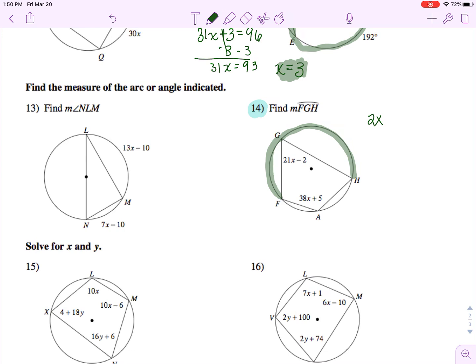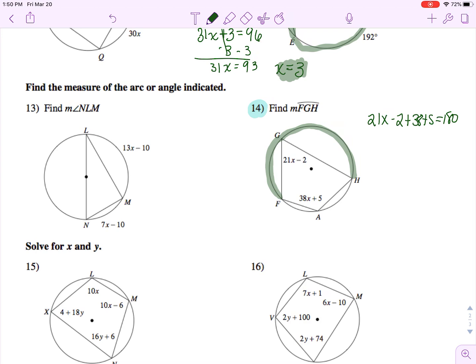Okay, they're supplementary. So let's go ahead and set up an equation. 21x minus 2 equals 38x plus 5. Oh my goodness, I messed up. Hold on. I said they're supplementary, not equal to each other. So that should equal 180.